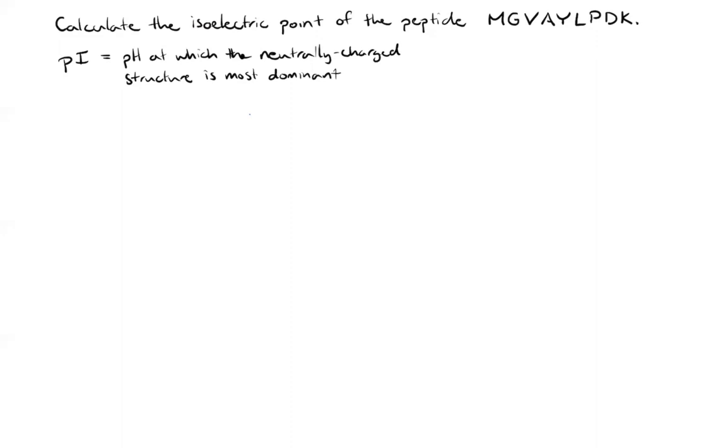So we need to examine the pH scale and assess the charge on our peptide as we sweep through that. There will be a point where the most dominant structure that we see in solution is going to be the structure where all the charges balance out. And so we're going to have to do some investigation to determine where that is.